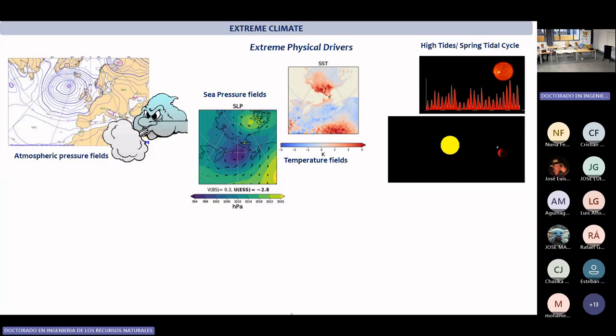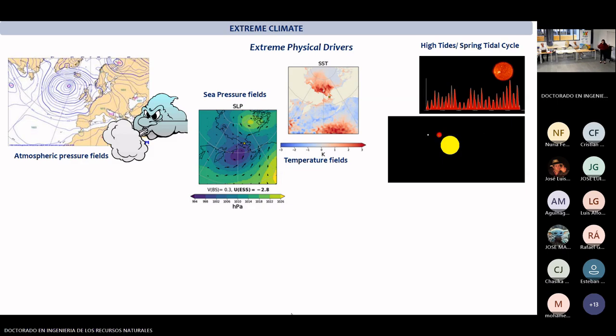So I show here, when we speak about physical drivers, we have many phenomena, many mechanisms, including atmospheric pressure fields, sea pressures, temperatures, the effect of tides, high tides, spring tides, neap tides, a lot of mechanisms, okay?